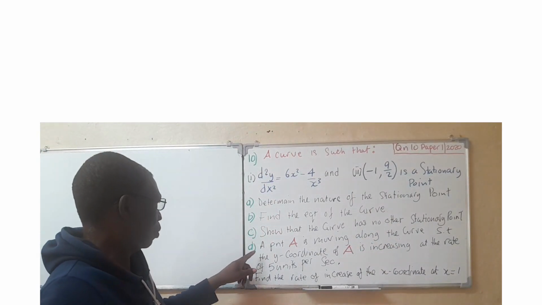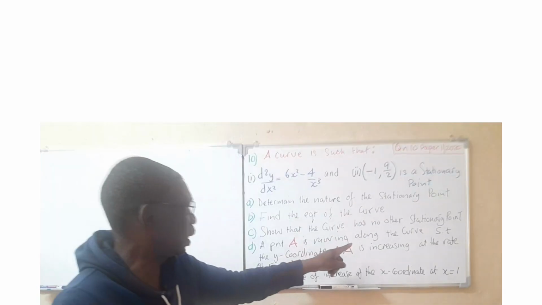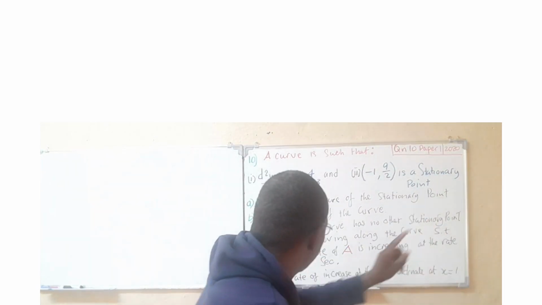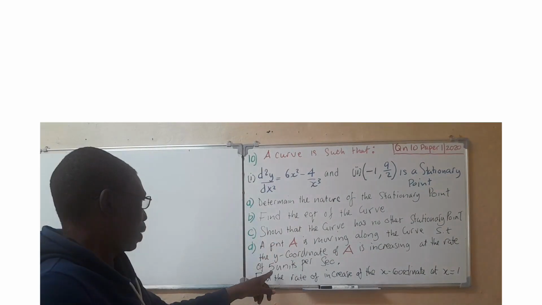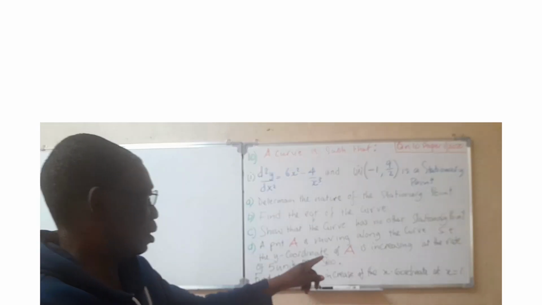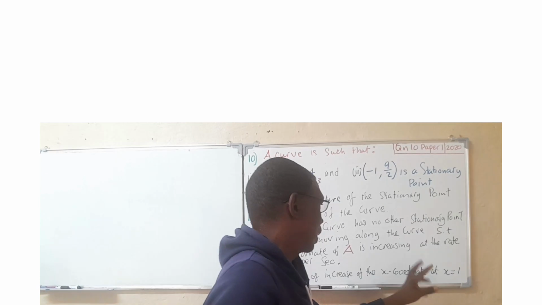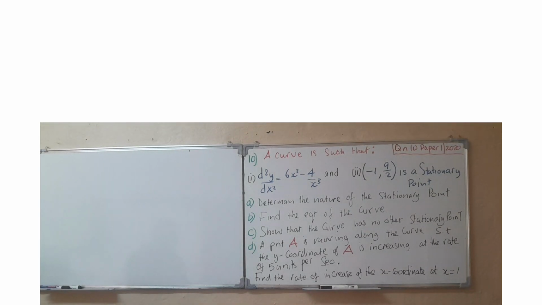And the fourth question: a point A is moving along the curve such that the y coordinate of A is increasing at the rate of 5 units per second. Find the rate of increase of the x coordinate at the point x is equal to a. Quite a lot of things involved here, but let's see what those things are.